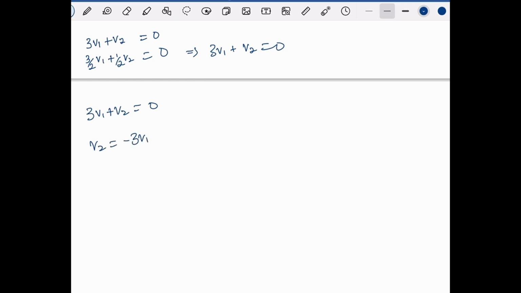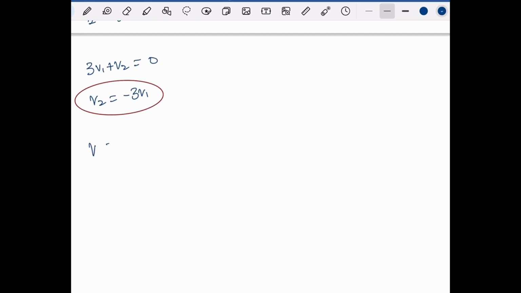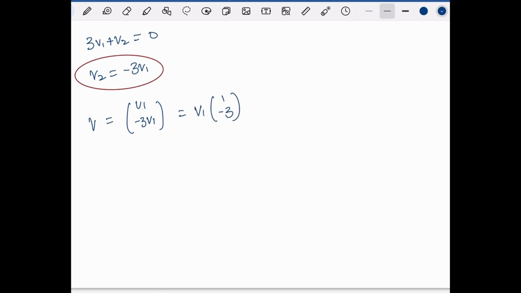So now we know the expression for v2 in terms of v1. So we can find our vector v. We don't know v1, so that will be v1, but v2 is given as minus 3v1. So we can factorize v1 out to get 1, minus 3. So our vector is given as 1, minus 3.